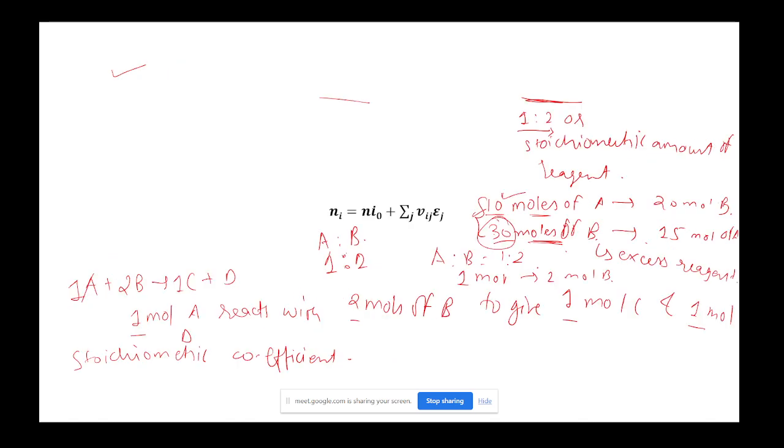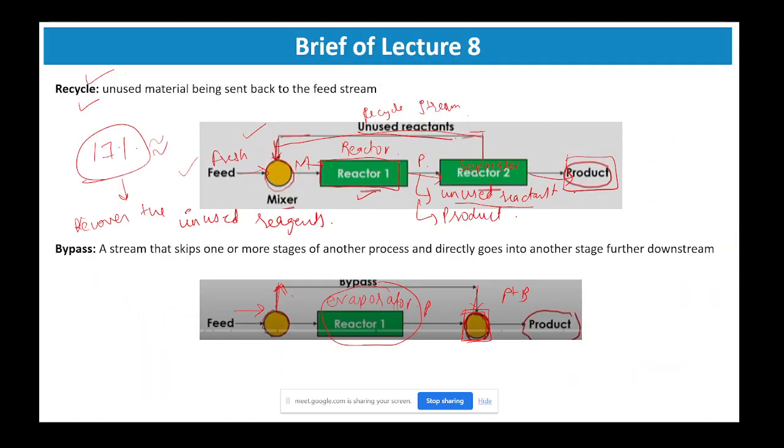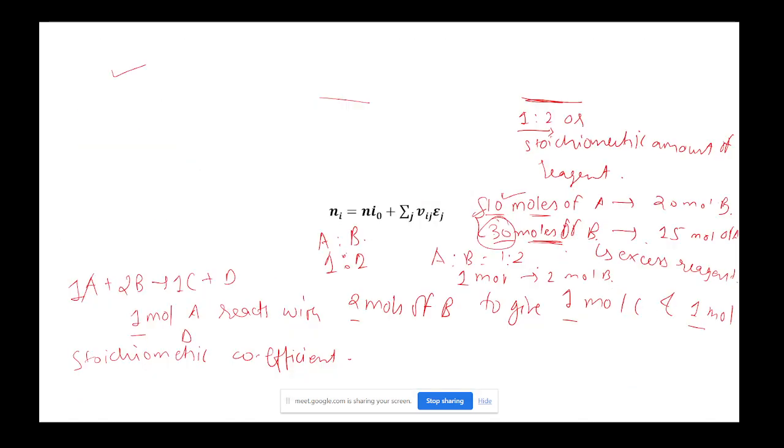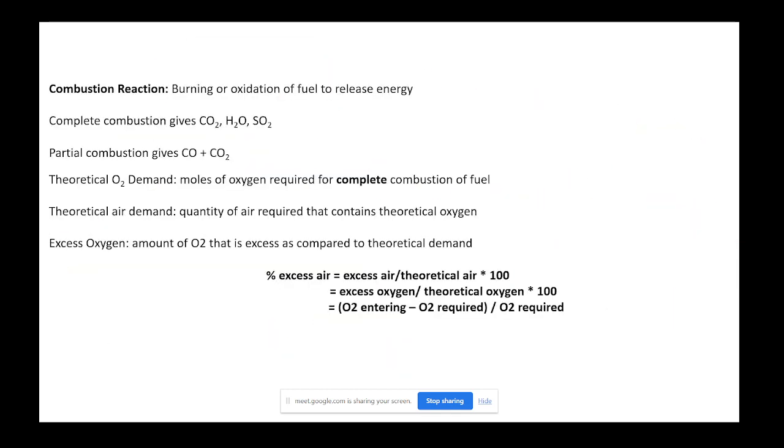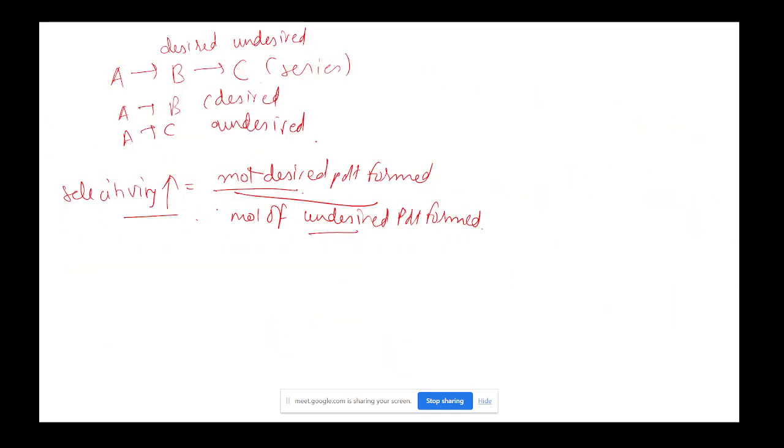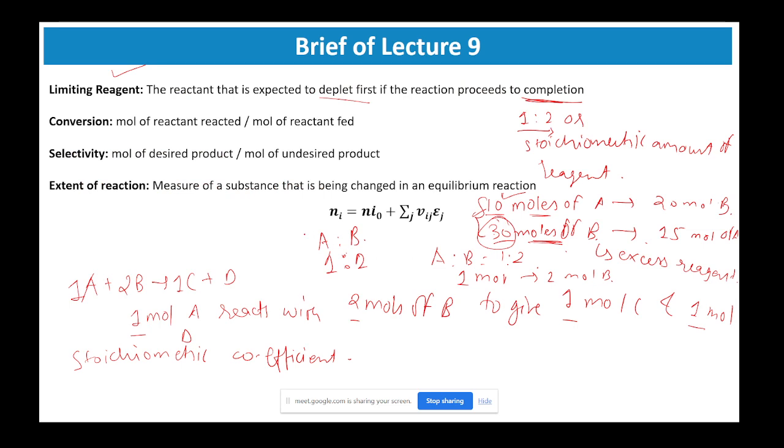So now the next term was extent of reaction. Extent of reaction is nothing but how much reaction has proceeded, which is represented by this equation.